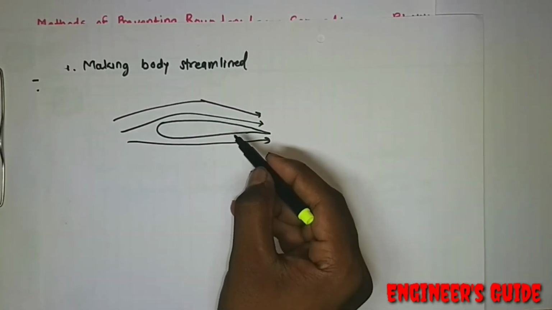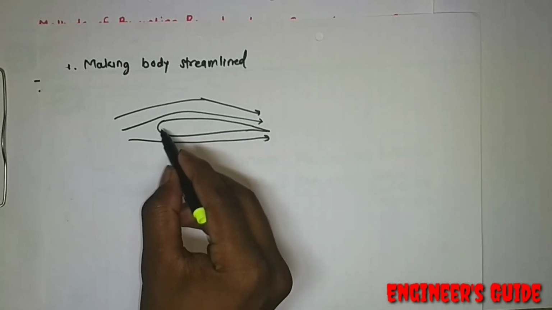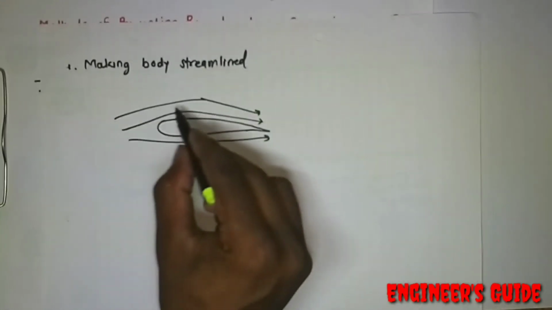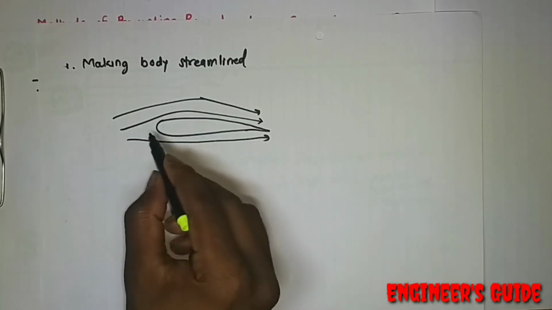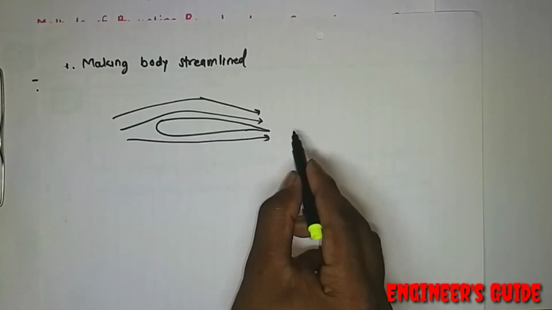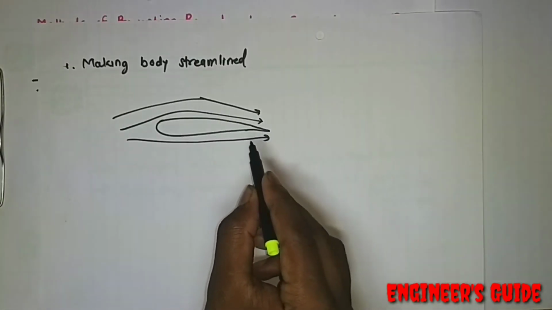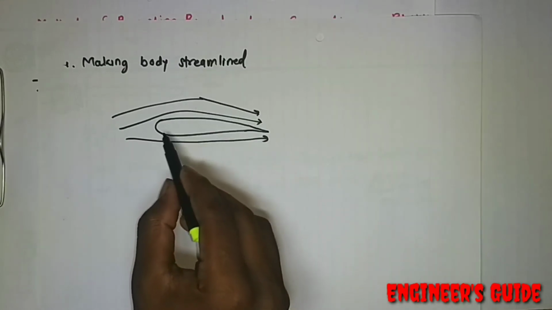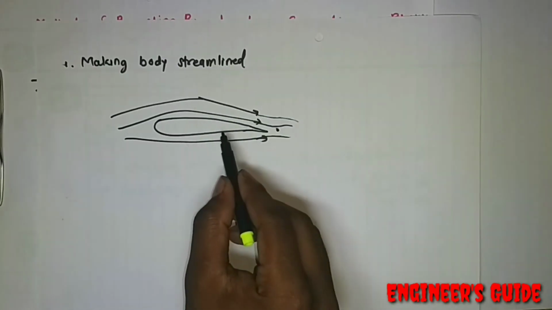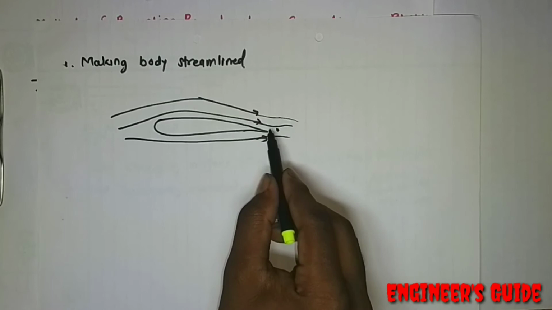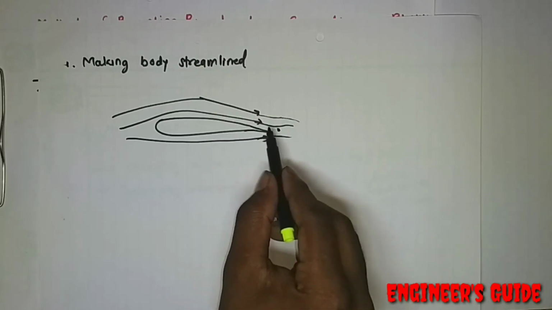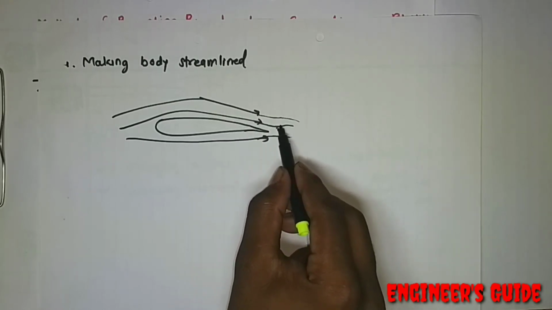Making the body streamlined is nothing but making the surface like the path of the streamlines of the flow, so that the flow can easily travel along the surface and there will be less friction. For such streamlined bodies, after leaving the surface of the object, a wake region is formed.